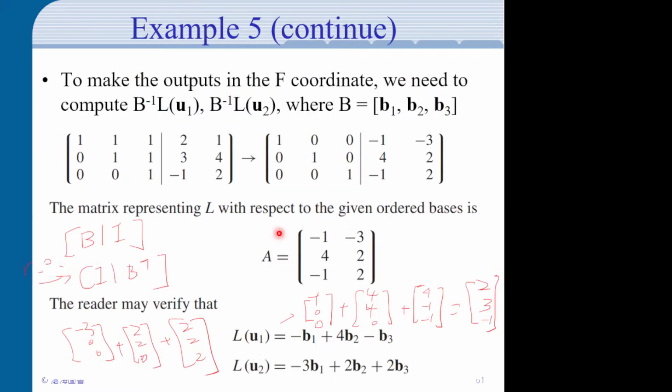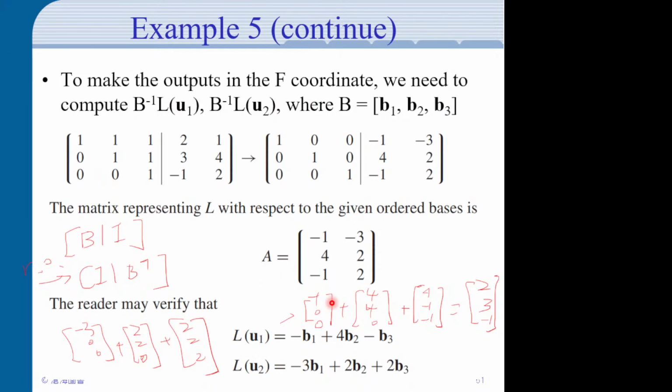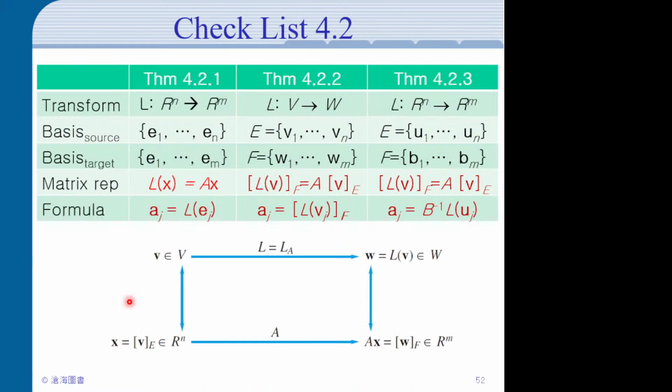And I have shown in this example how all of these things work out. Over U, you just do whatever the given formula gives you, and then for B minus 1, we see that we actually have a faster calculation. So you can apply B minus 1 to vectors by using an augmented matrix and row operations.